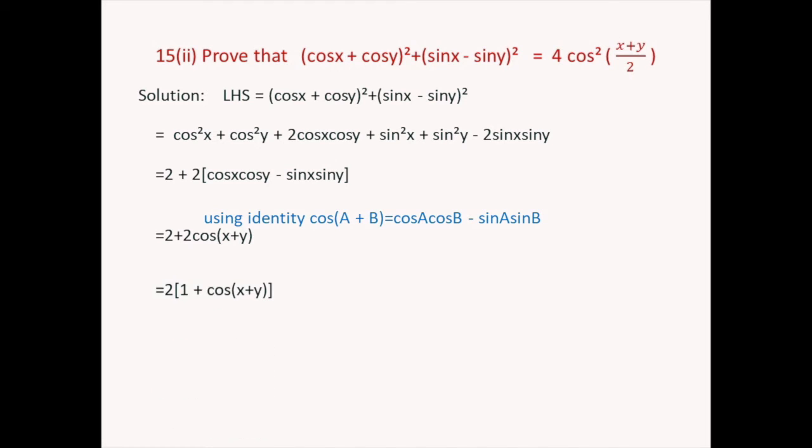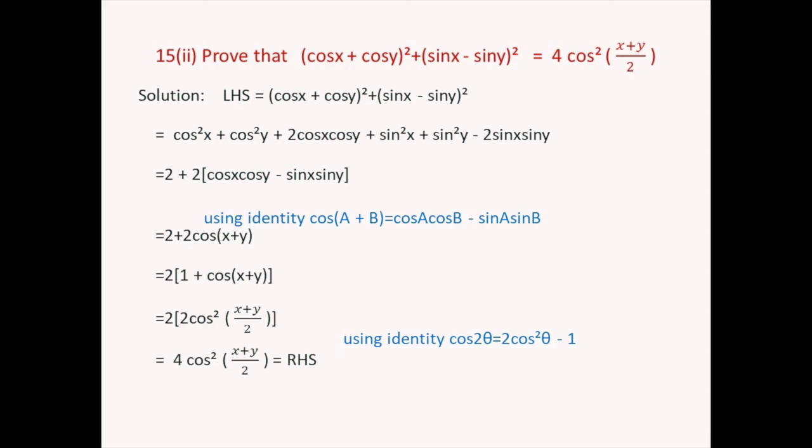So therefore I am now substituting it as 2 plus 2 times cos of x plus y. Now taking out 2 as a common factor, I get 2 times 1 plus cos of x plus y. Now, knowing the identity that cos 2 theta is equal to 2 cos square theta minus 1, I am making 2 cos square theta the subject. I get 1 plus cos 2 theta.